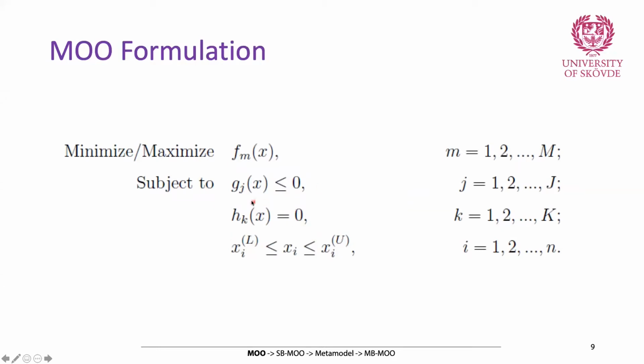Here in this equation, you can see that you have J inequality constraints and you can have K equality constraints. It is obvious that your variables can also be bounded between two limits, an upper limit and a lower limit. So this is a general formulation of a multi-objective optimization problem.